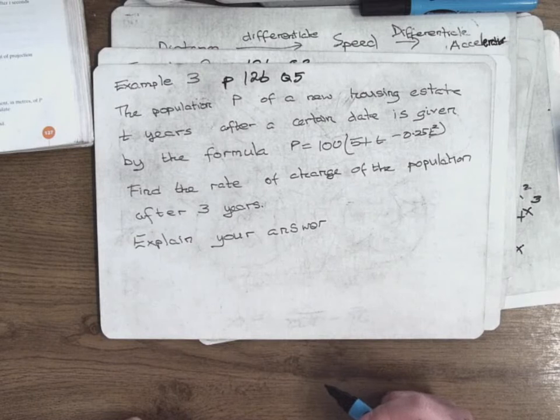The population P of a new housing estate T years after a certain date is given by the formula P equals 100 times (5 plus T minus 0.5 T squared).